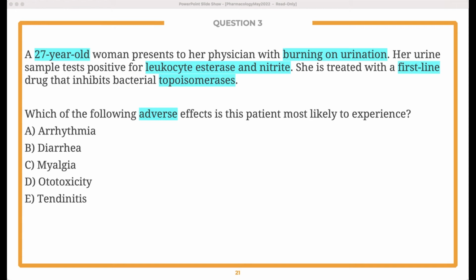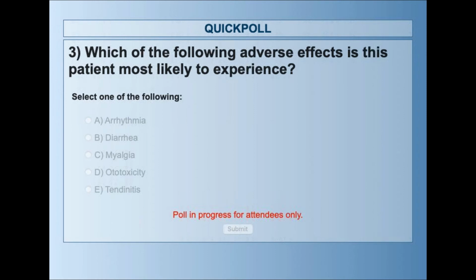So the poll has been launched for question number 3. Go ahead and figure out which of these effects is most likely to occur with this patient. Let's see, the votes are starting to trickle in here. About a third of you have voted so far.